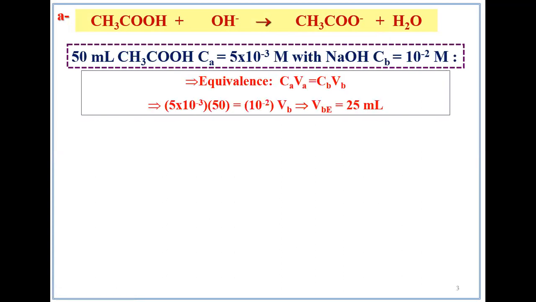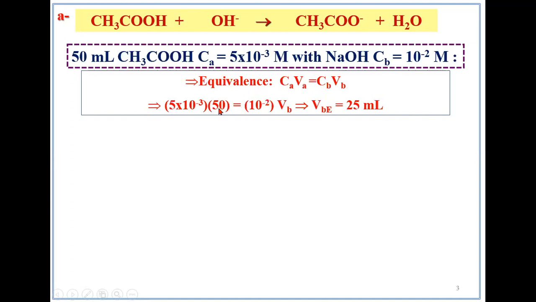All right, so we just put down the values that were given, and if I didn't notice anything about the x value, I can always calculate V at equivalence. Of course, you know that at equivalence point, the number of moles of acid is equal to the moles of base. So CaVa equals CbVb. Now, what is CaVa?